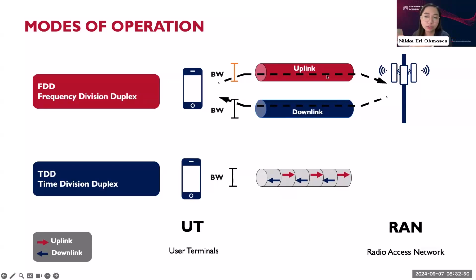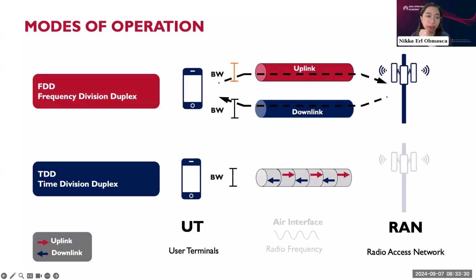So simultaneously, the user equipment transmits data back to the base station using a different frequency band, let's say 1800 megahertz. So the uplink and the downlink transmissions are separated in frequency domain, which allows simultaneous communication in both directions. So sabi ko nga, downlink is base station to the user equipment, pag uplink naman is user equipment to the base station.